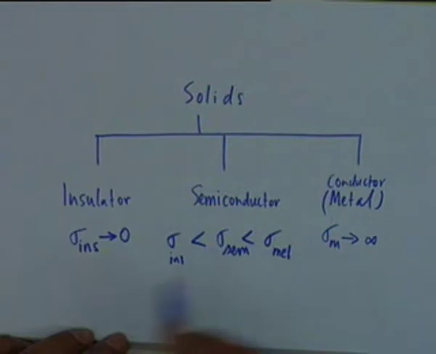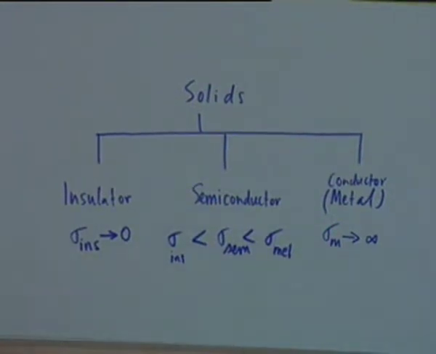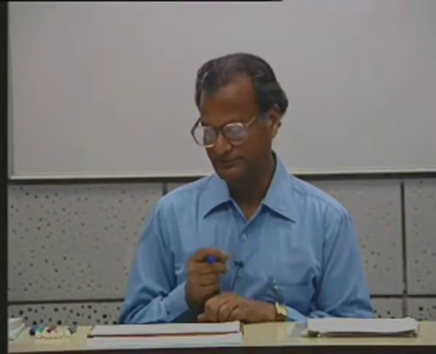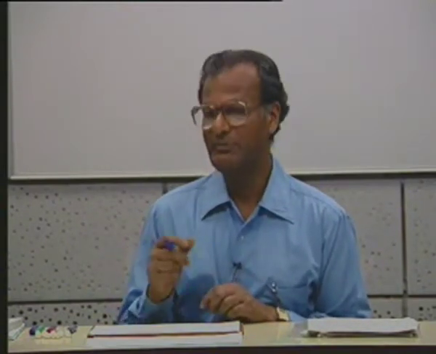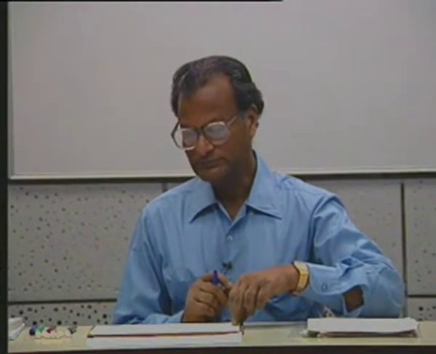The semiconductor normally is a poor conductor of electricity, and at absolute 0 temperature the semiconductor is an insulator. At absolute 0 of temperature there are no charge carriers and it behaves like an insulator. But at elevated temperatures the semiconductor conducts not as poorly as an insulator, not as good as a conductor, but in between.